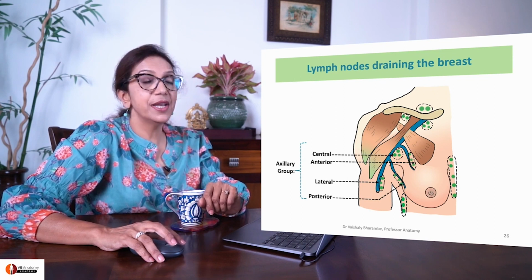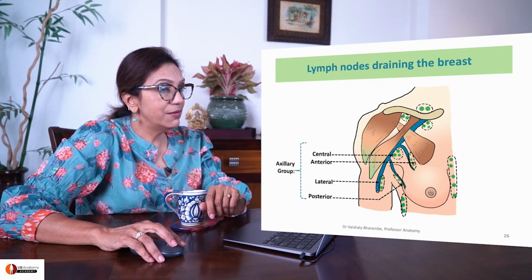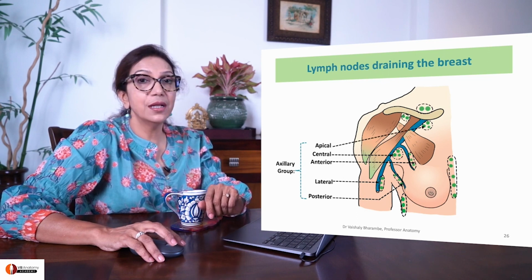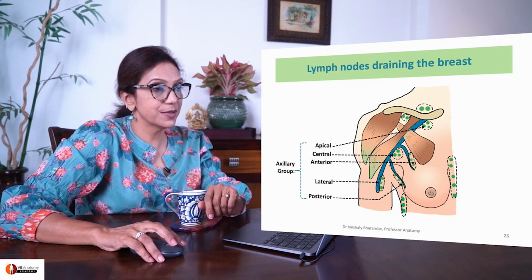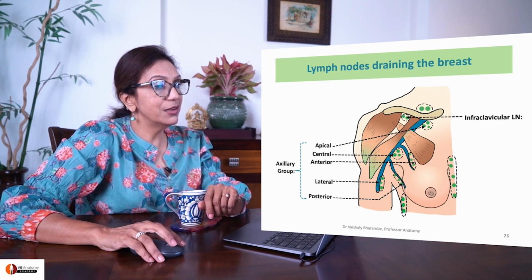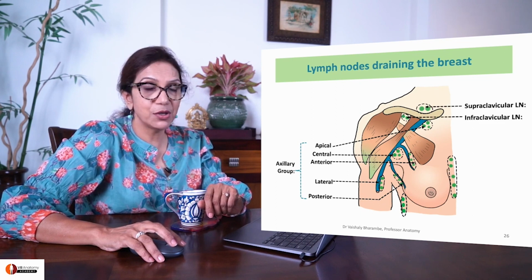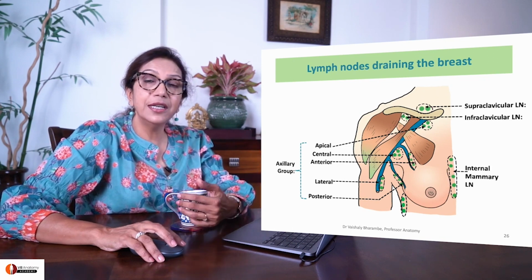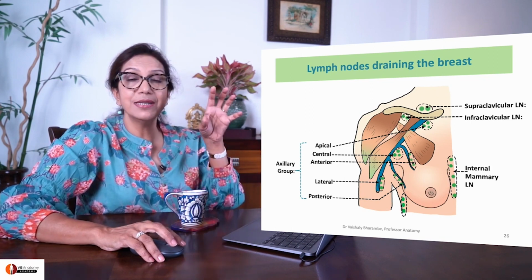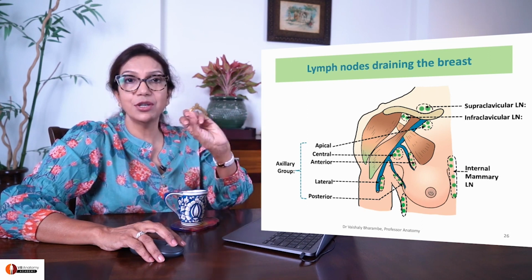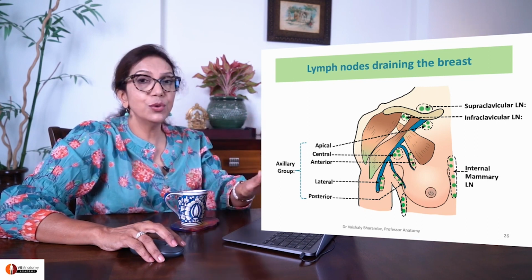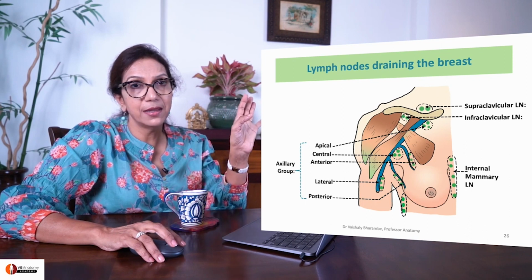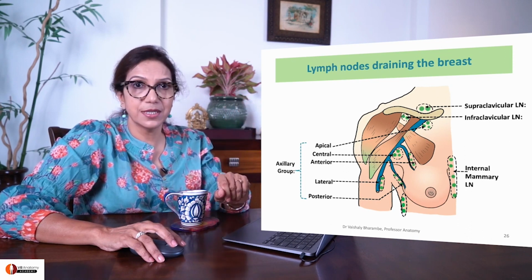All three will drain into the central group, which drains into the apical group of axillary lymph nodes. Also present are infraclavicular and supraclavicular lymph nodes and medially parasternal internal mammary lymph nodes. Now this is the basic pattern on which lymphatic drainage will take place. If you don't know this, you're not going to understand anything. Okay, so learn this first.